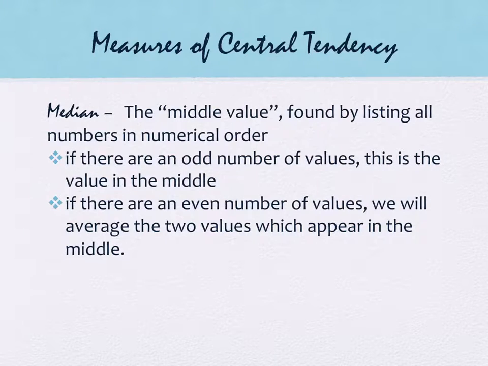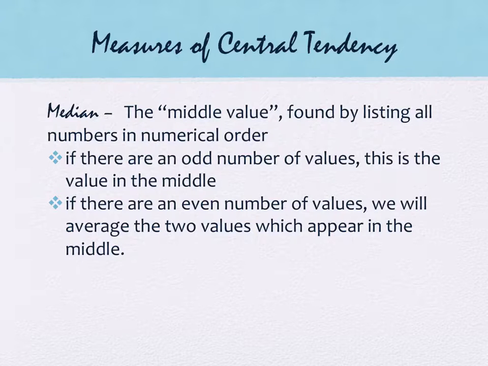The second type of central tendency is called the median. The median is the middle value, and it's found by listing all the numbers in numerical order. If there are an odd number of values, there will be one value in the middle. But if there are an even number of values, you have two middle values that you then find the mean of, or the average of the two. Can you imagine if I had all of you stand up in class from shortest to tallest?